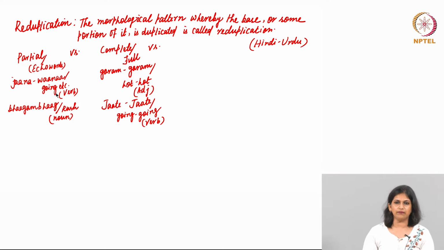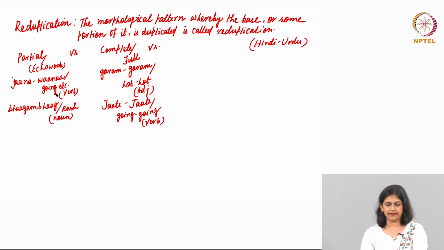Bhag is the primary word and it has been repeated. In this case this is a noun, and jana vana is generally considered, you can call it, a gerund or a verb or whatever, right. But bhagam bhag is surely a noun here. So, this is the example of partial reduplication or echo words.